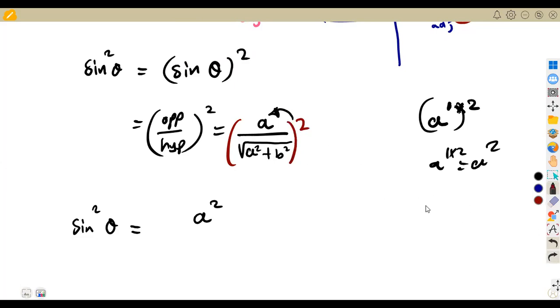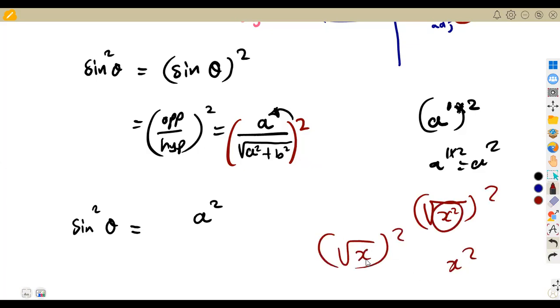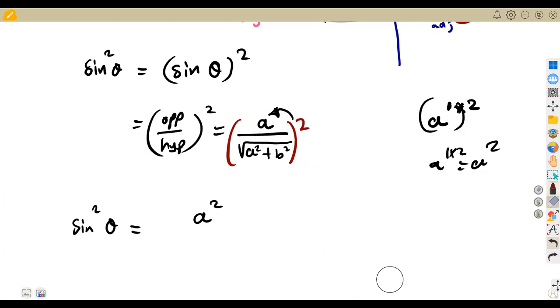Remember, always, on a condition where there's a square root, maybe it's the square root of x squared, then we square, we remain with this x squared. Where there's a square root and a square, you simply remove the square root, you remain with the term under the square root. So there we are given a square root and a square in this case, which is the square root of a squared plus b squared being squared.